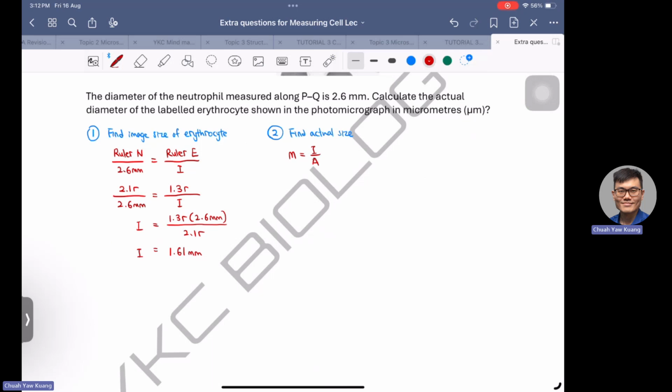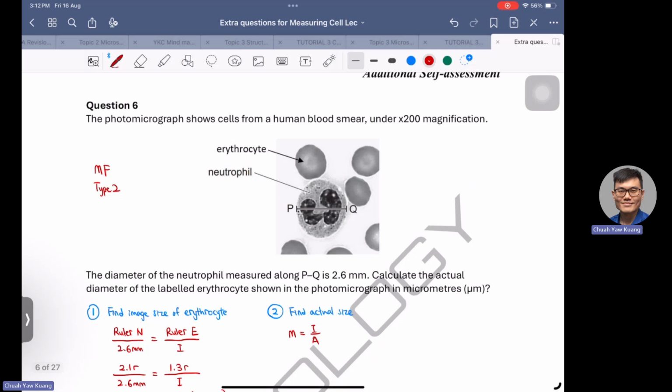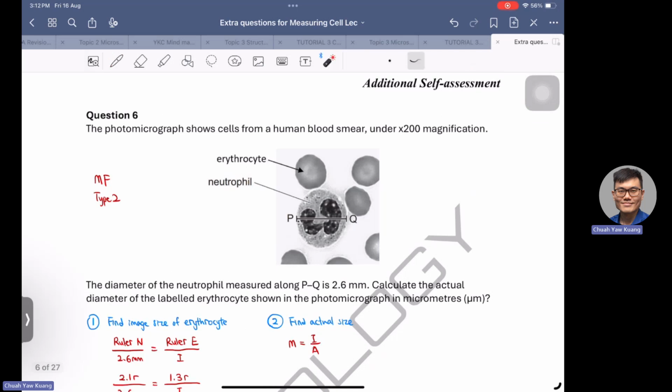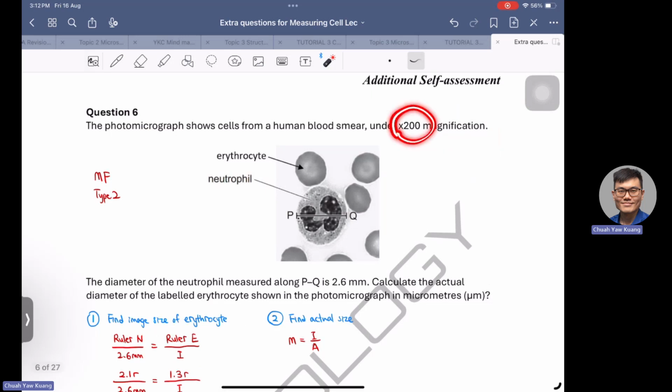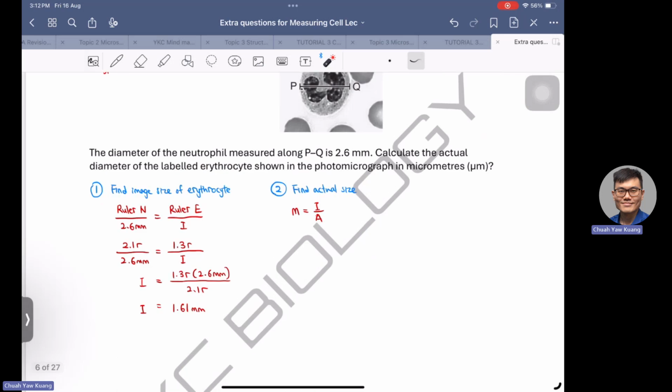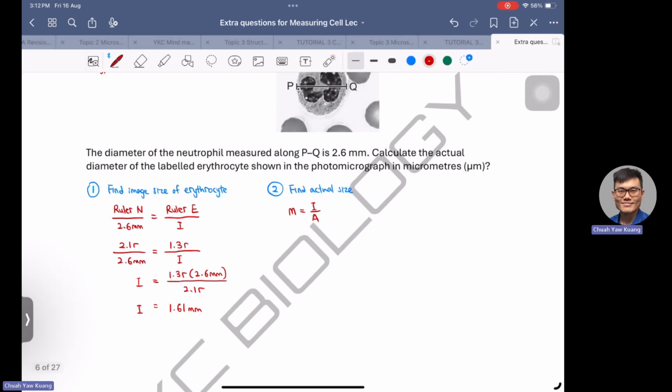What is the magnification? We have to look into the question. The question told us that this is a photomicrograph, under the light microscope, and they directly tell you that it is under 200 times magnification. So you don't have to times anything else. This is the total magnification already.